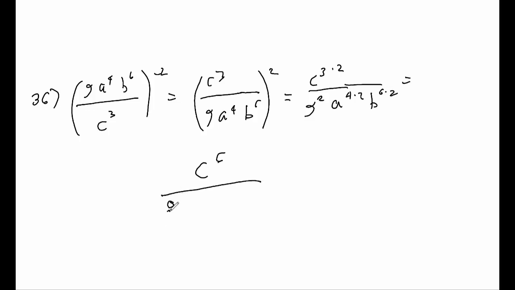That will give me 81. And then 4 times 2 is 8, so it's a to the 8th. And then b, 2 times 6 is 12, so that'll give me b to the 12th. There's no more simplification I can do since all these bases are different, and I am now finished simplifying this particular example.